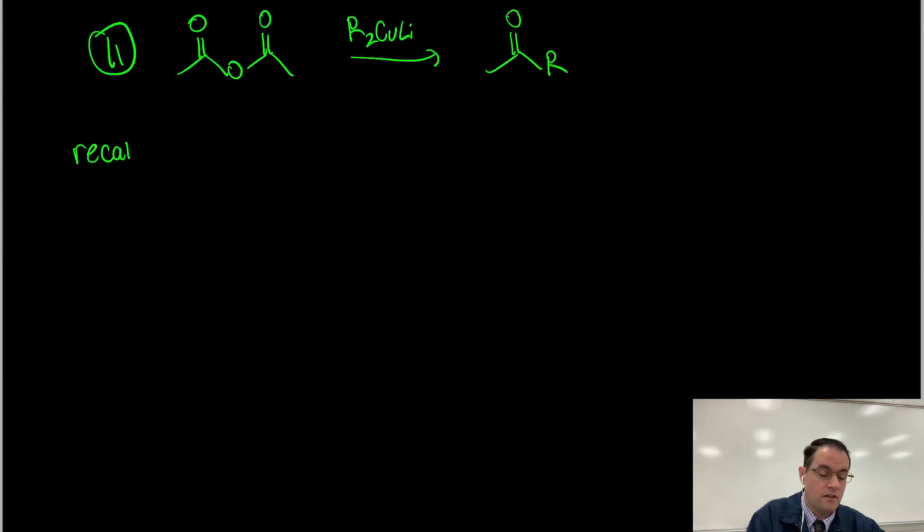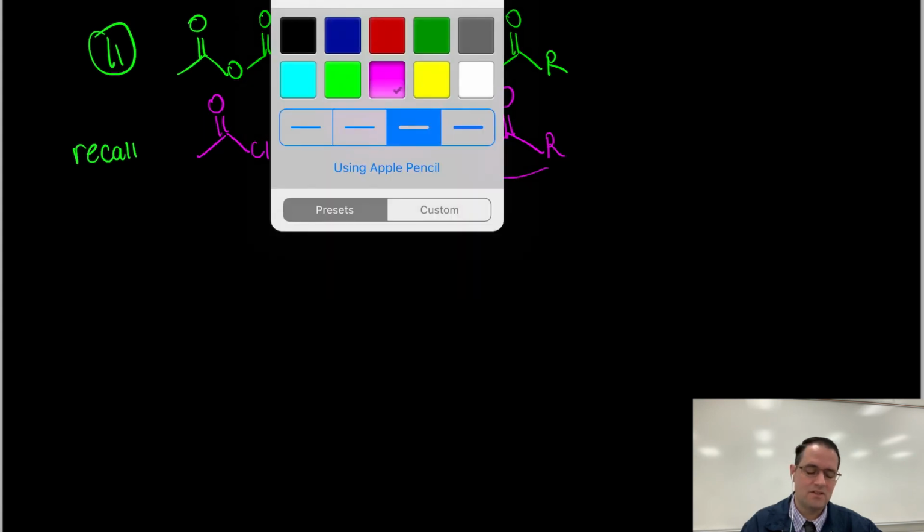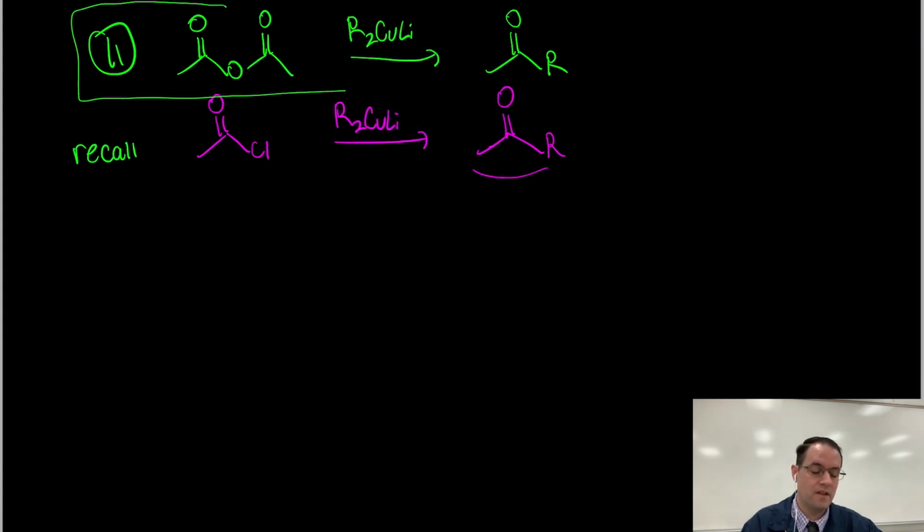So recall that if we have an acid chloride and we react this with a Gilman reagent, it's just slightly nucleophilic. It's reactive enough to react with an extremely reactive acid chloride, but it's not a strong enough nucleophile source to react with ketones, okay? So it stops at the ketone stage, all right?